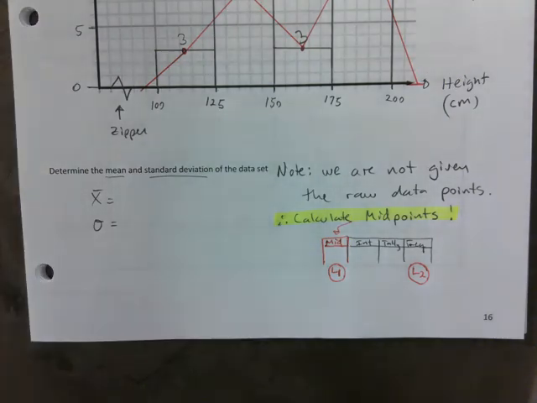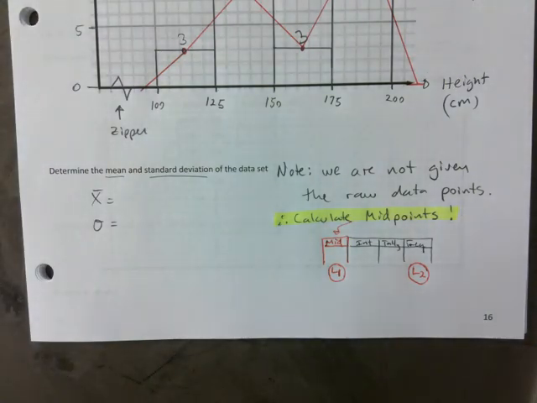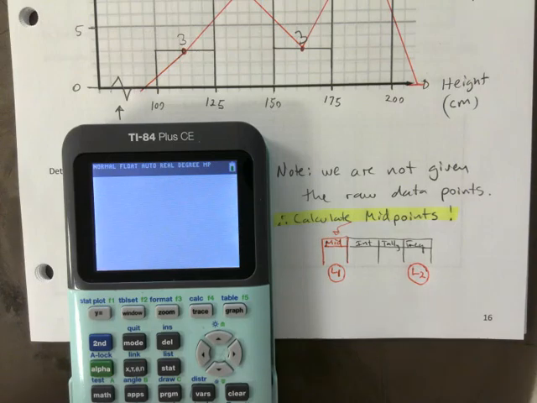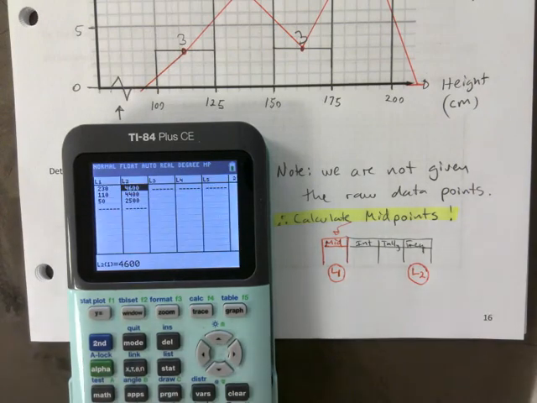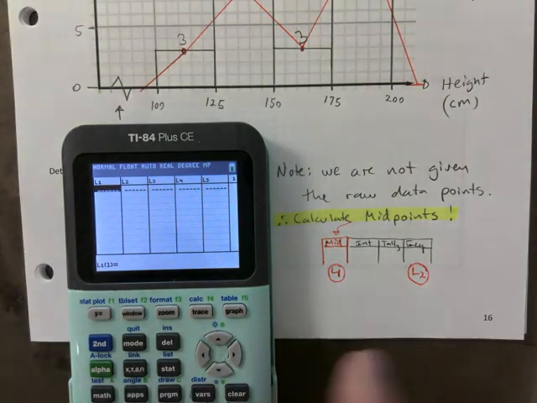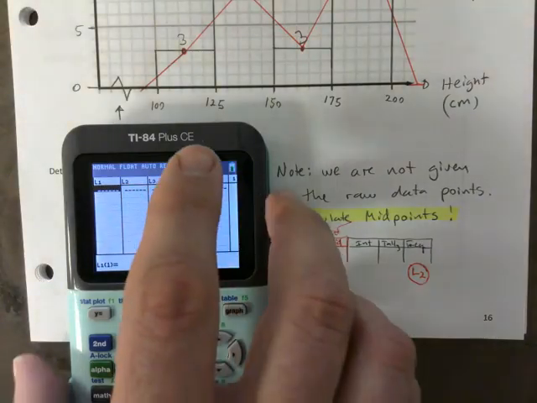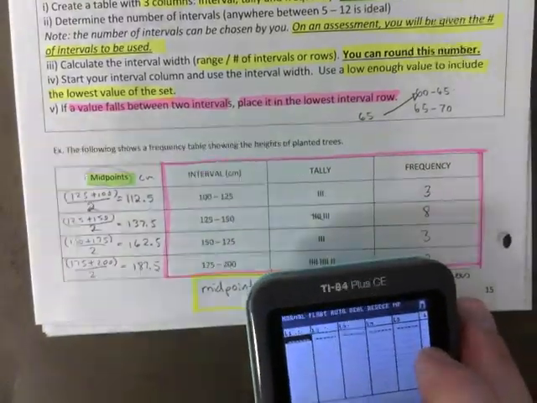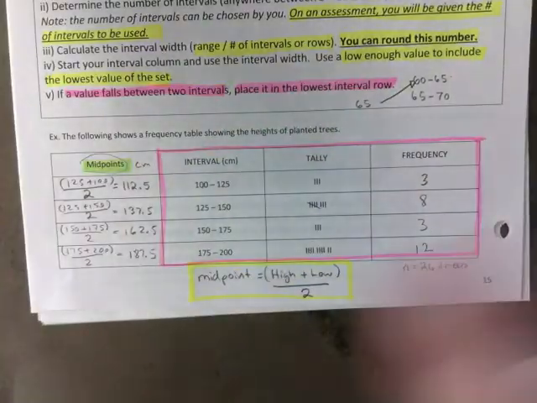Okay. So let's go ahead and do that. Grab your calculator. And we're going to go to Stat, Edit, clear whatever is in there. And let's go to our table real quick. We've already done the work of figuring out the midpoint. So I will do this on here as well.